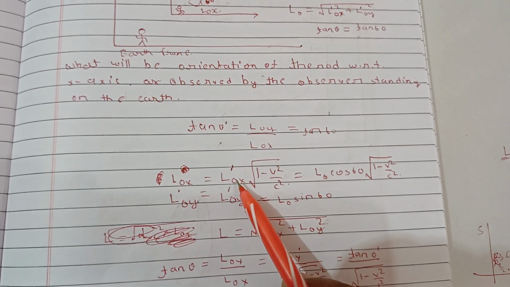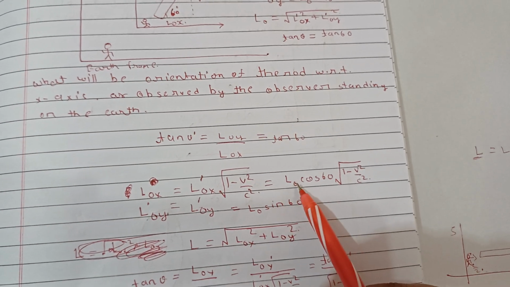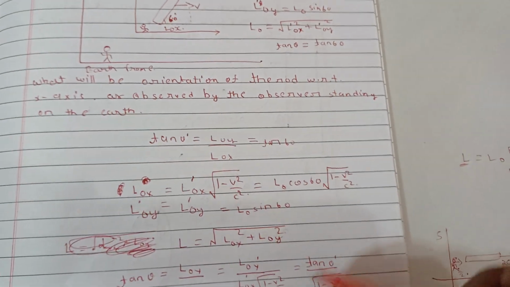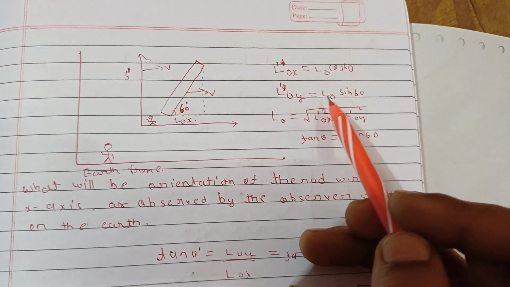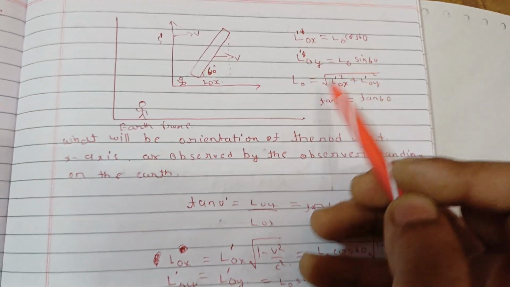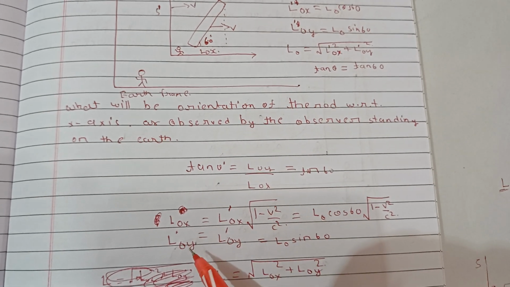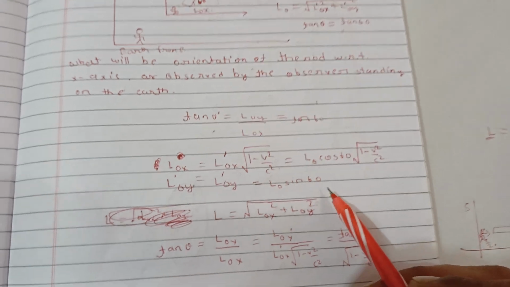L ox will be L prime ox root of 1 minus v square by c square. L prime ox was L naught cos theta, so L ox is L naught cos theta root of 1 minus v square by c square. And this component, L prime oy, will remain the same in the second frame also. L oy will be L prime oy, that is L naught sin 60.